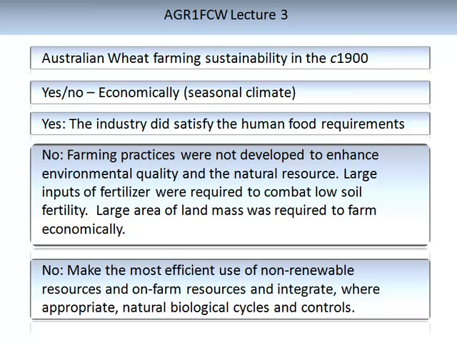They did not, and to this day, do not make the most efficient use of non-renewable sources and on-farm resources, and integrate, where appropriate, natural biological cycles and control. Although modern day approaches have moved some way towards this, with the CSIRO's development of reduced internode lengths, one genetic change has resulted in wheat plants being much smaller.